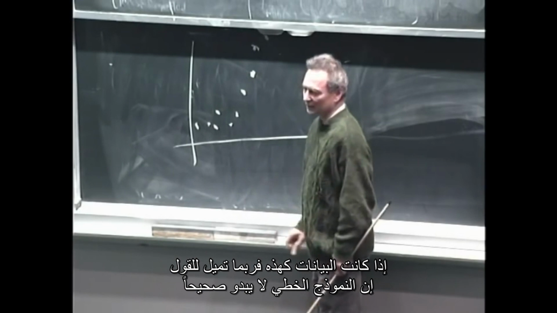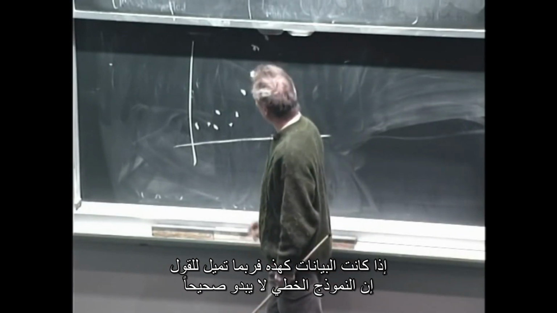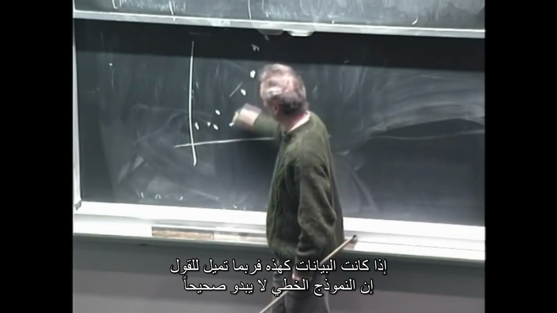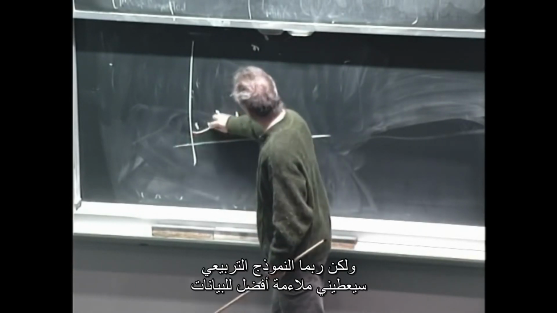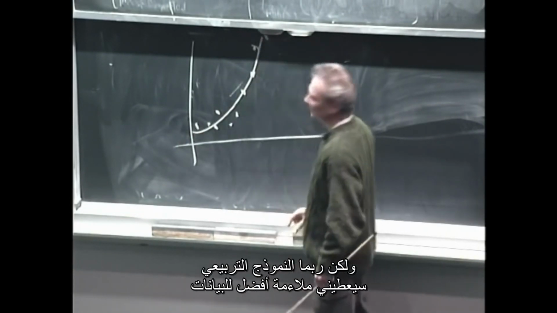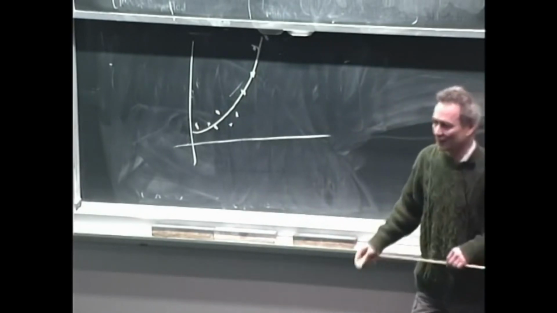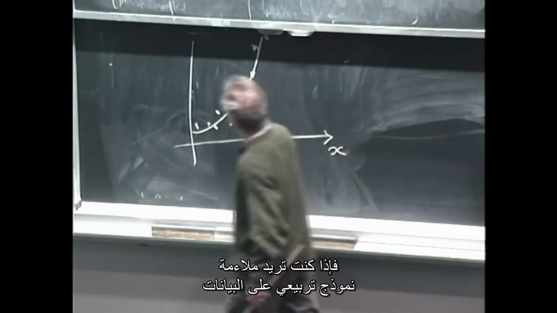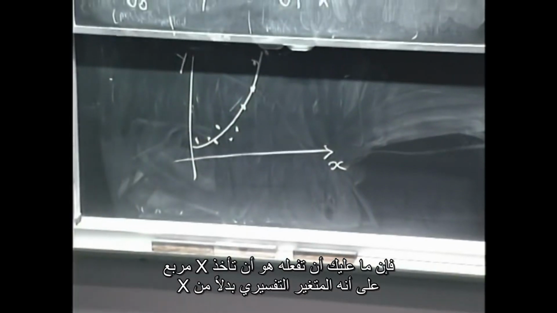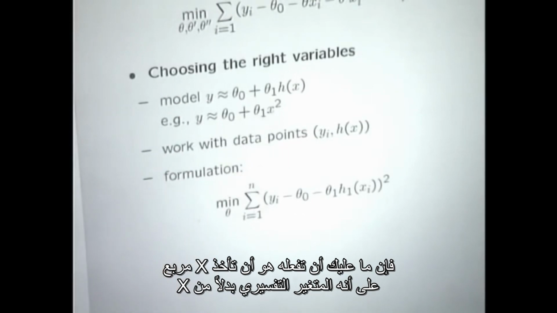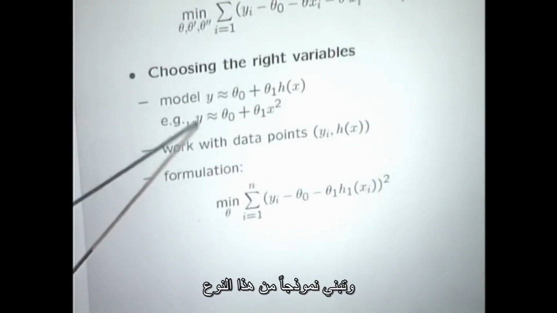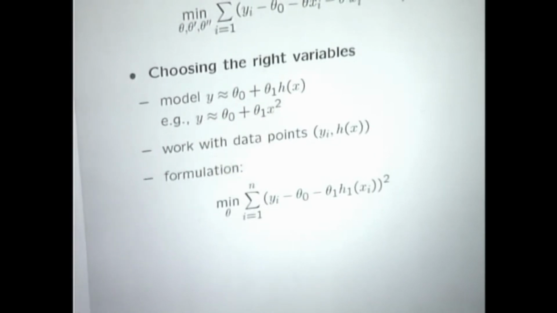If the data look like this, then you might be tempted to say, well, a linear model does not look right, but maybe a quadratic model will give me a better fit for the data. So if you want to fit a quadratic model to the data, then what you do is you take x squared as your explanatory variable instead of x, and you build a model of this kind.